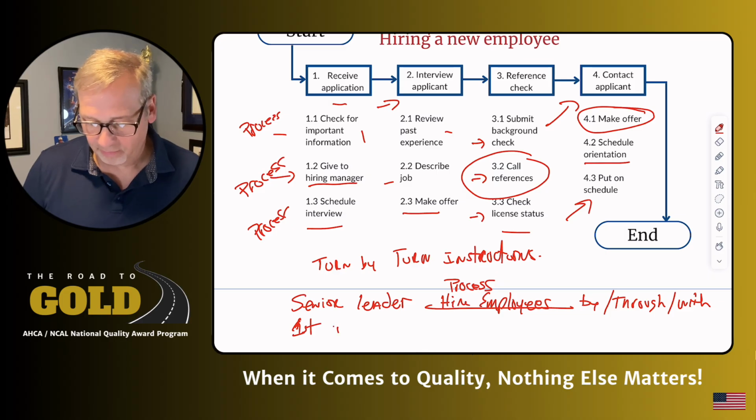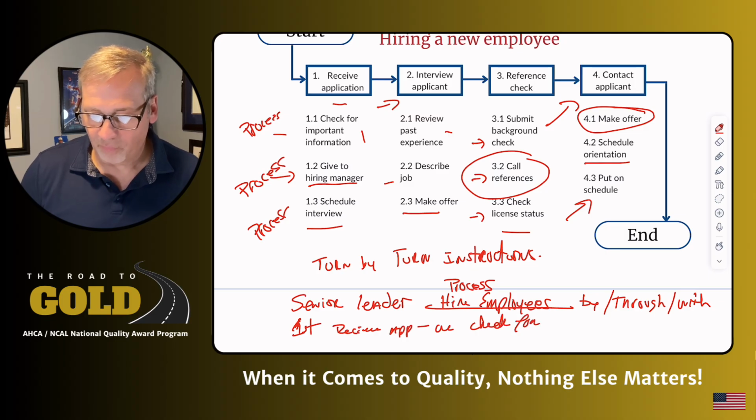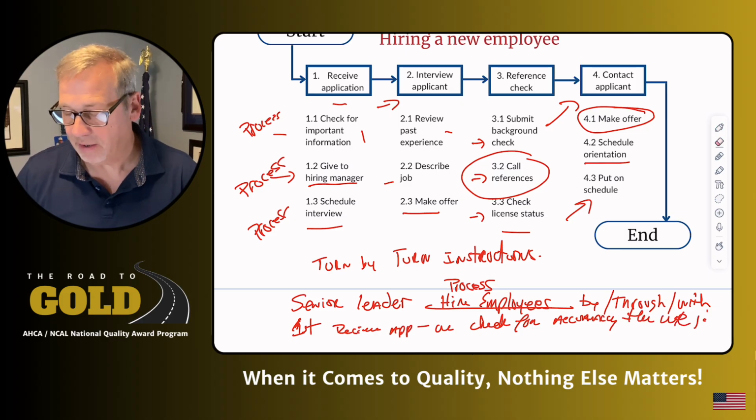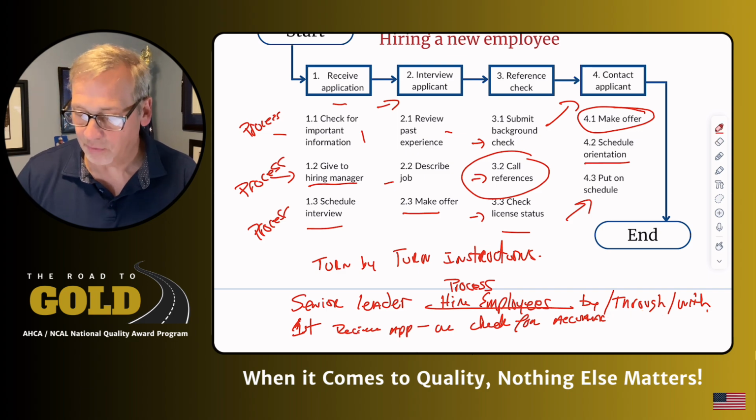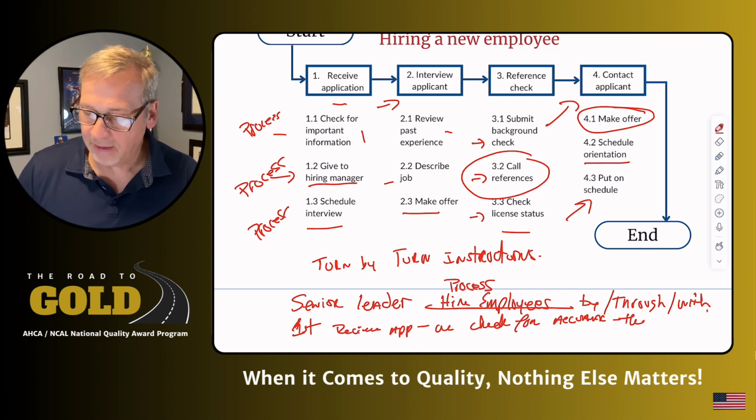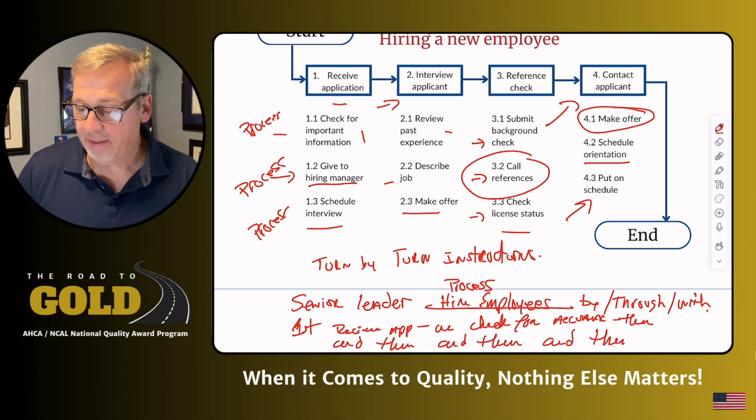First, once we receive an app, we check for accuracy. Then, I'm just trying to write super fast. Accuracy, then, and then, and then, until we hire the employee.